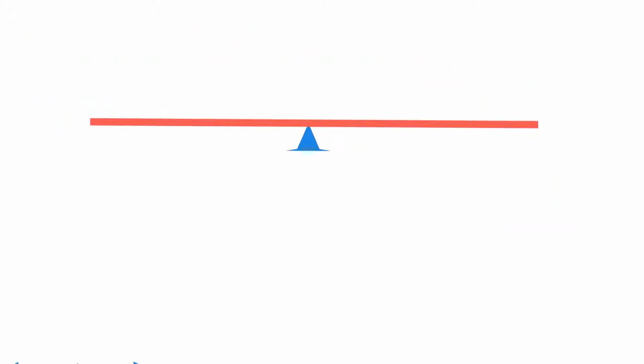So what if at a certain distance out from the pivot we had a certain value of force? Now that's going to create an anti-clockwise moment, trying to turn this rod, which is balanced before we touch it, anti-clockwise.